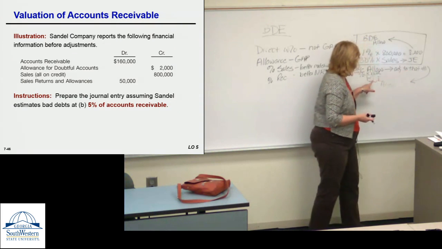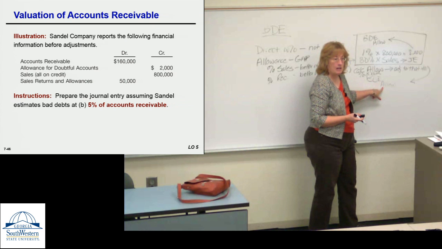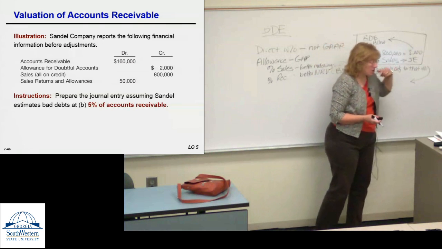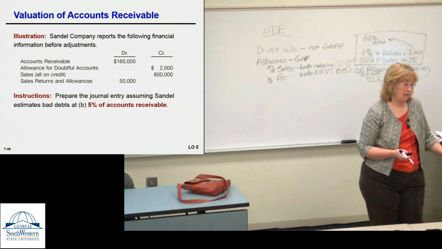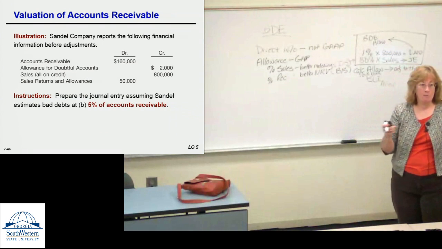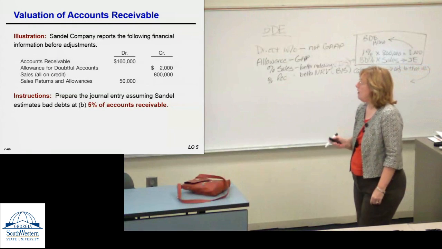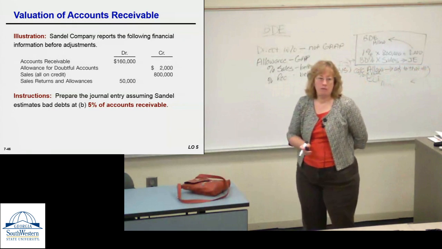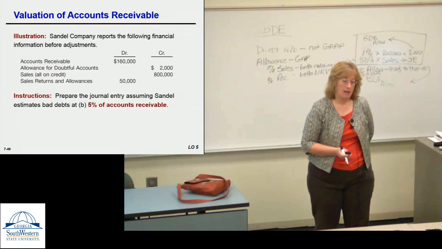We already know what our entry is going to be. Debit, bad debt expense, credit, allowance, right? And we want to adjust the 2,000 up to 8,000, which means our amount is going to be 6,000. We're subtracting because they're both credit balances. What you don't want to do is make your entry for 8,000.